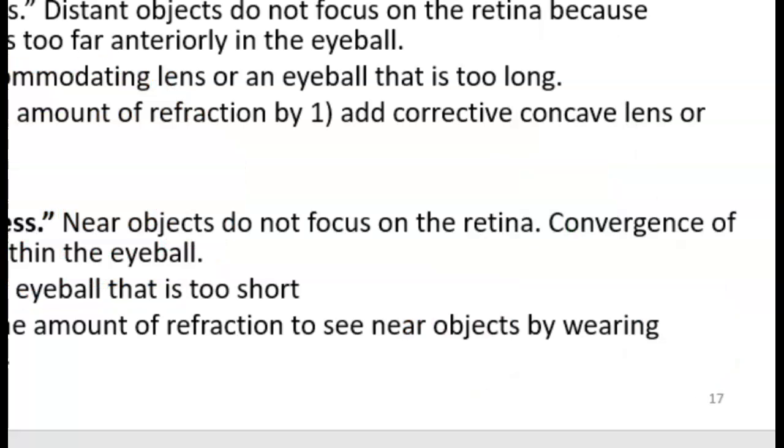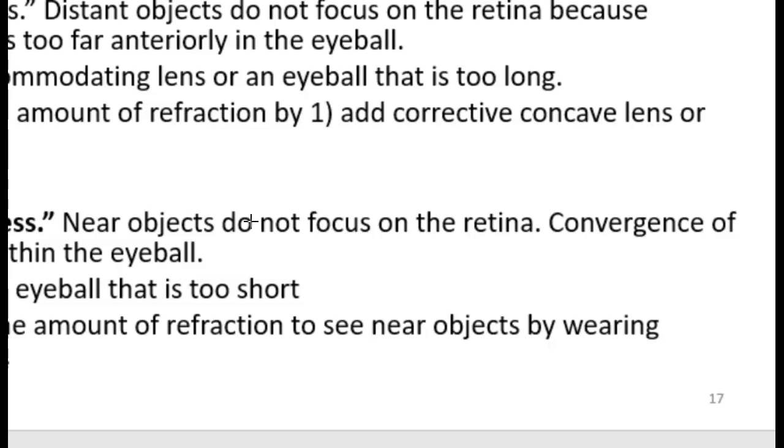Okay, so now let's talk about visual impairments that relate to lens function, or at least to refraction. There are 3 different visual impairments described in your lab manual. One is called presbyopia. This is due to the aging process, and the lens loses its elasticity and can't accommodate very well.